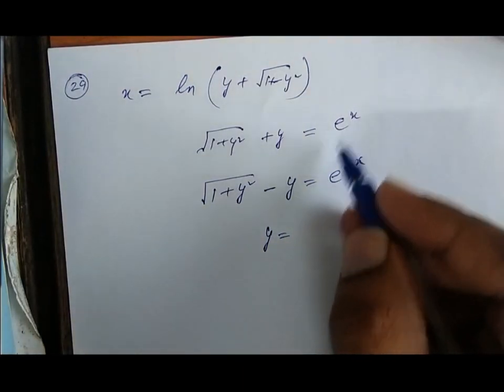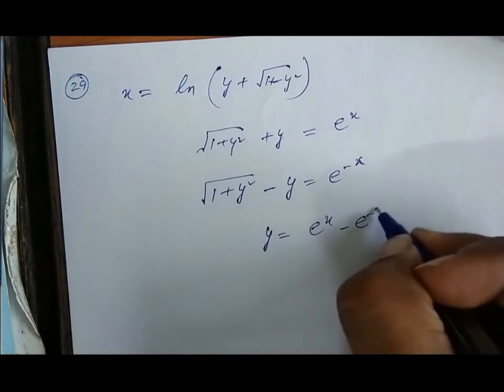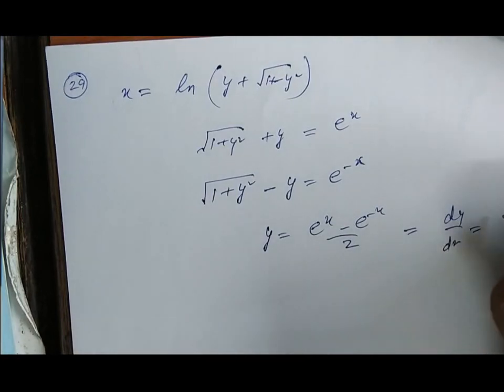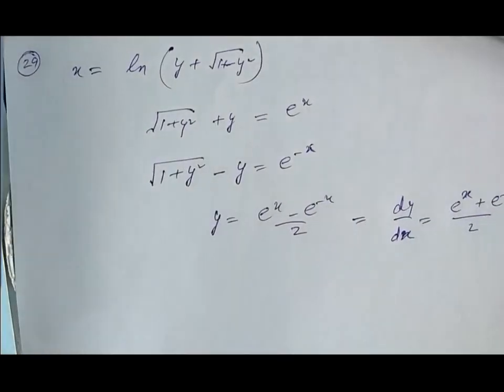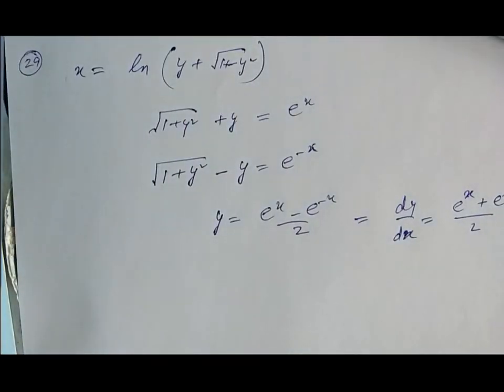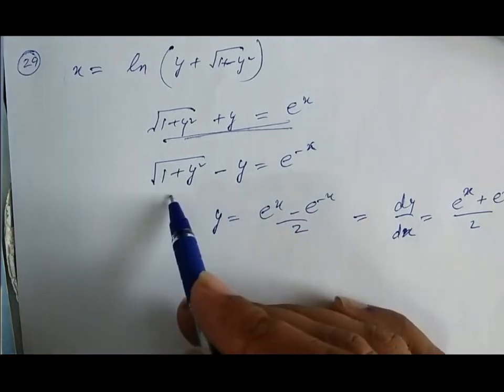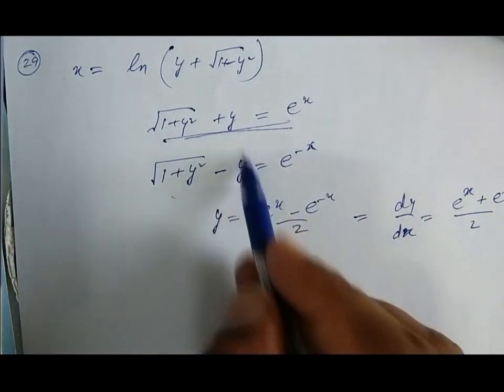So we can calculate the y from over here. Y is equal to (e power x minus e power minus x) by 2, and now you can easily differentiate. dy by dx is equal to (e power x plus e power minus x) by 2. Okay. First convert it to exponential form, then take its conjugate to rationalize and find the value of y.